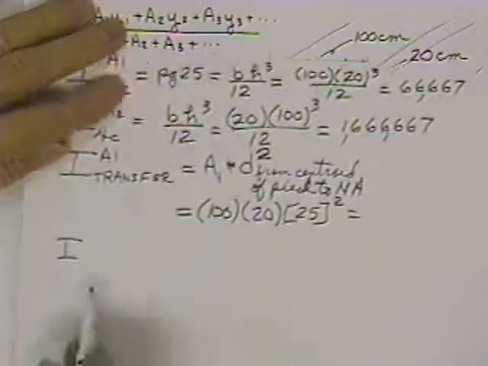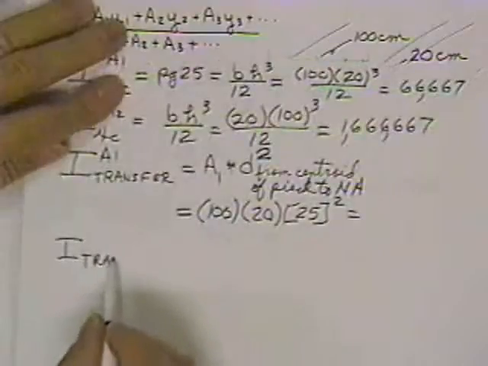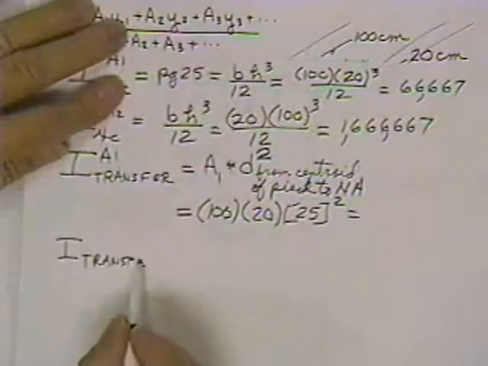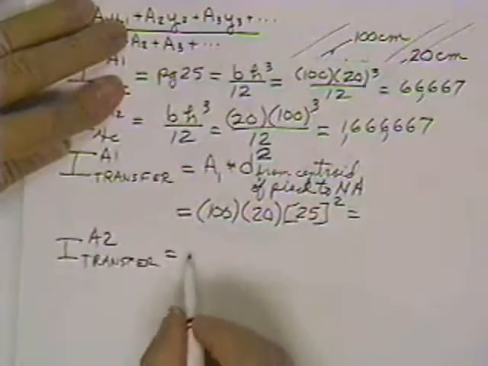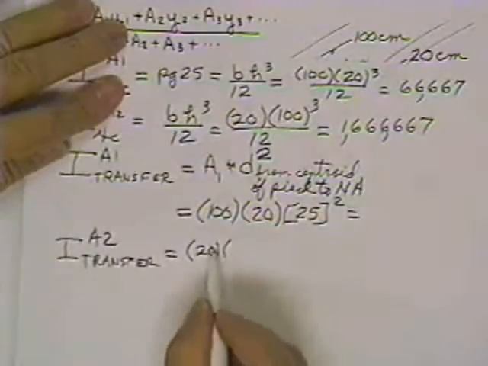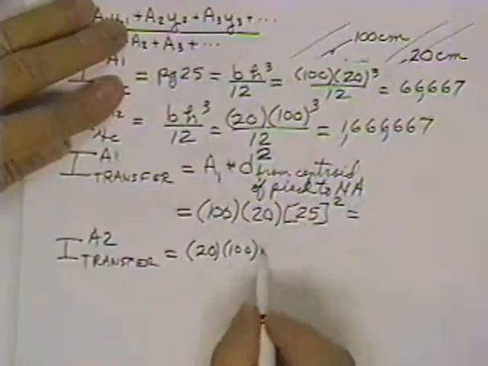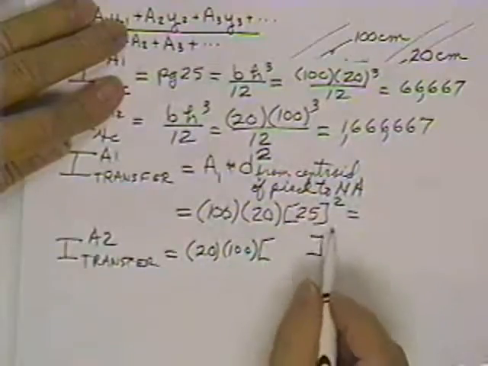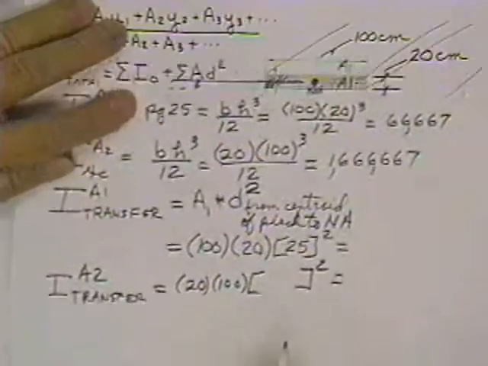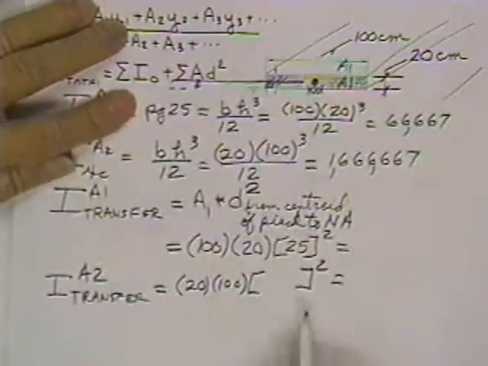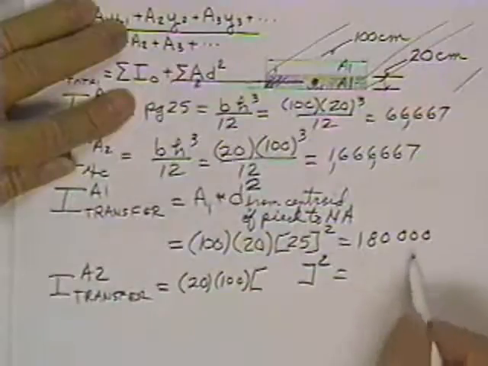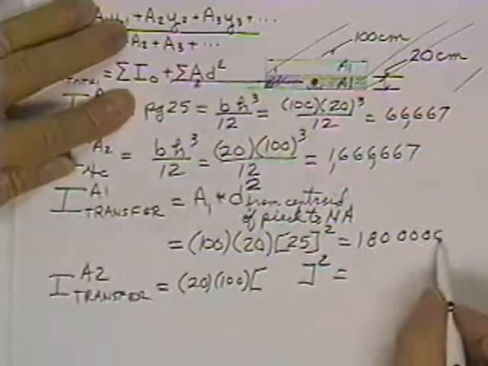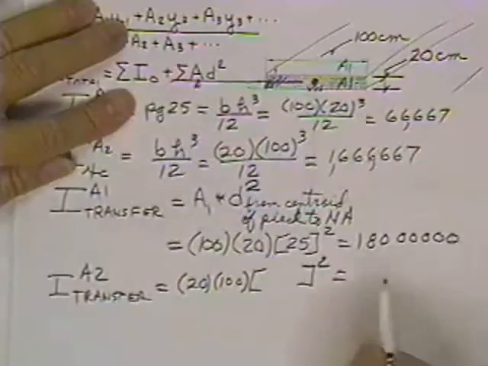You also have a transfer moment of inertia for area 2. It is 20 wide by 100 deep. What did you get for this one? 1,800,000. You sure now?